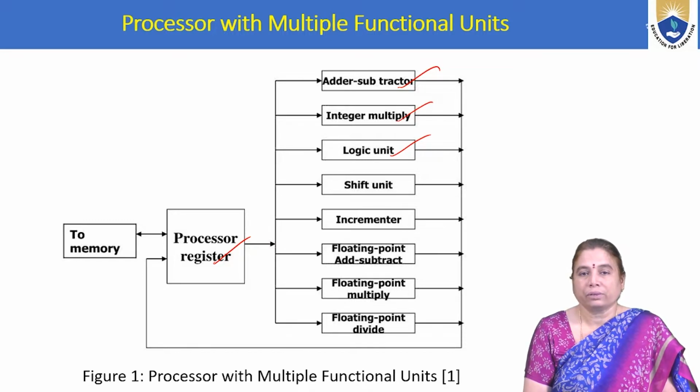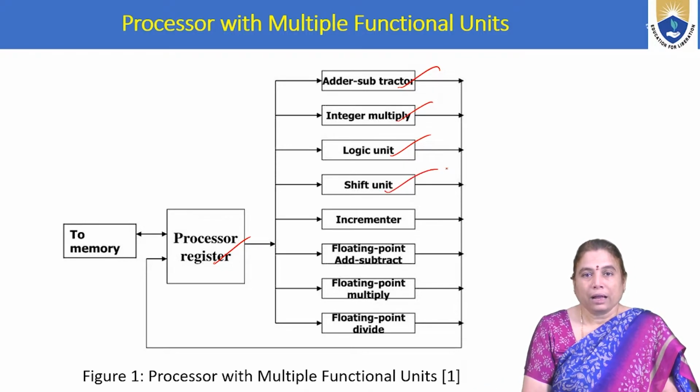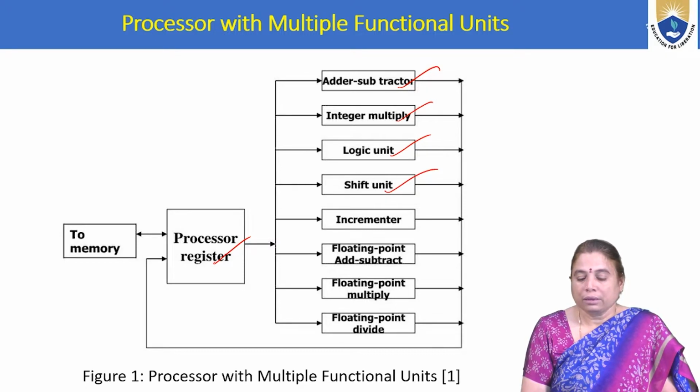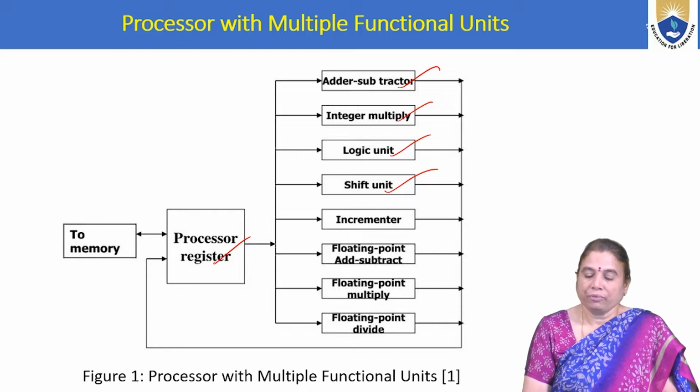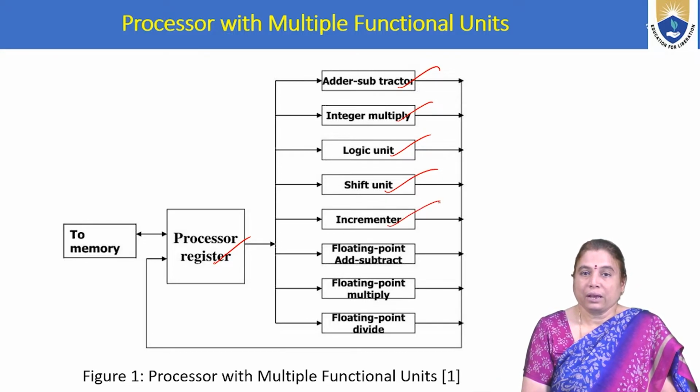Next, the shift unit is used to perform the arithmetic shift, the circular shift, and the normal logical shift in both directions, left and right. The incrementer is used to increase the register or the memory content by 1. All these are used for integer arithmetic.